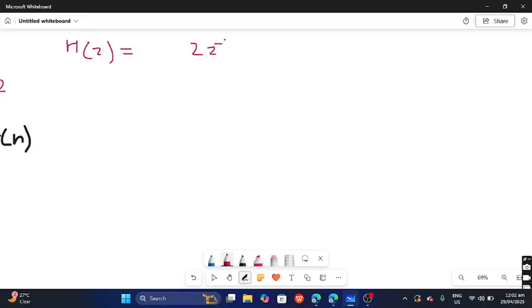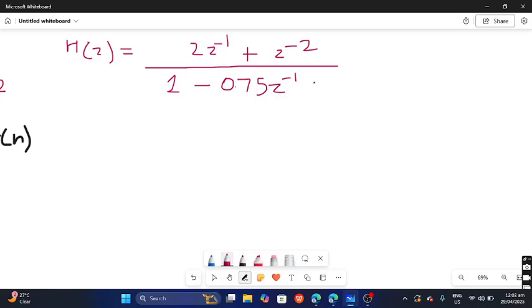So it is 2z inverse plus z minus 2 divided by minus 0.175, and it is 0.25 z minus 2. Now making its structure.